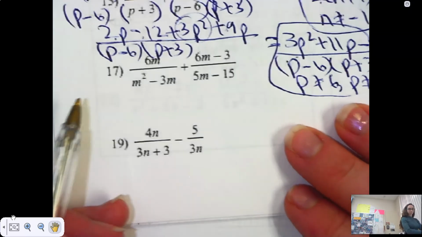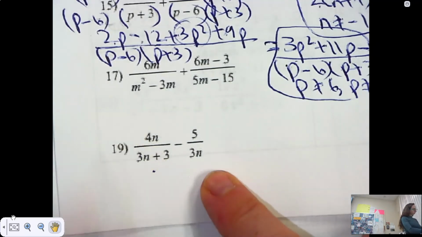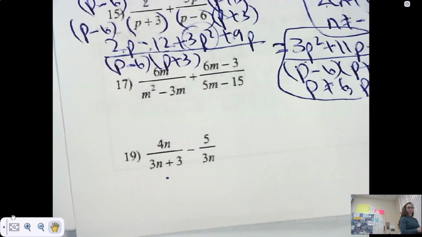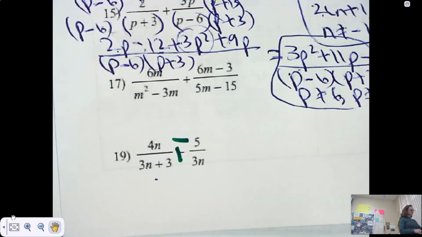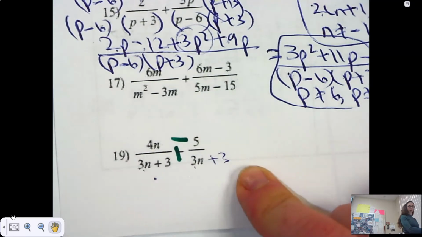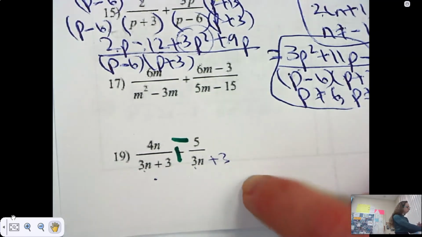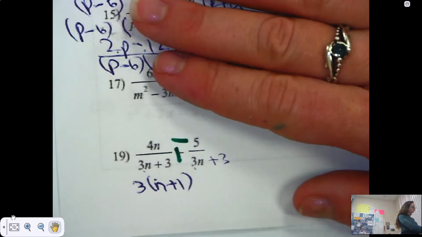Okay? We're going to skip number 17 for time, and I want us to do this last one. Okay? So, what's the first thing I do whenever it's minus? Change the signs of everything to the right. So some of you go, well, this has a 3 and so does that, so I just go plus 3. You're not adding. You have to be able to multiply. So this is 3 n plus 1.